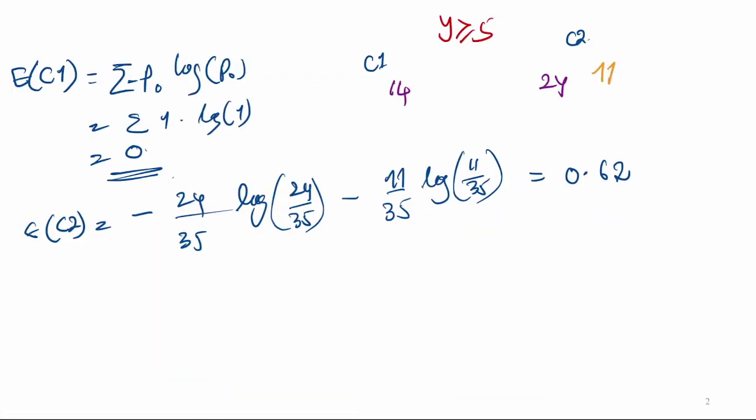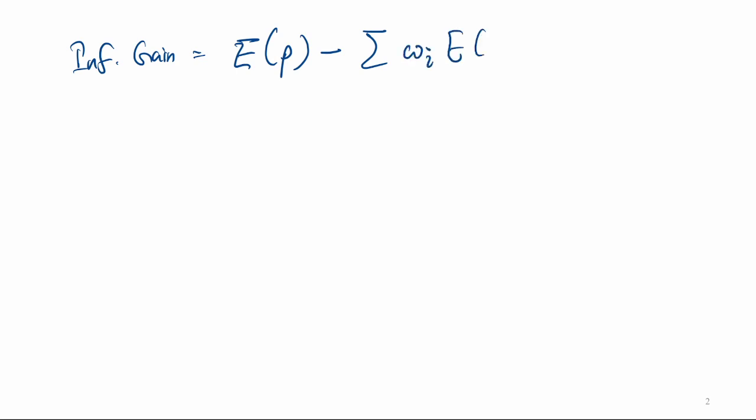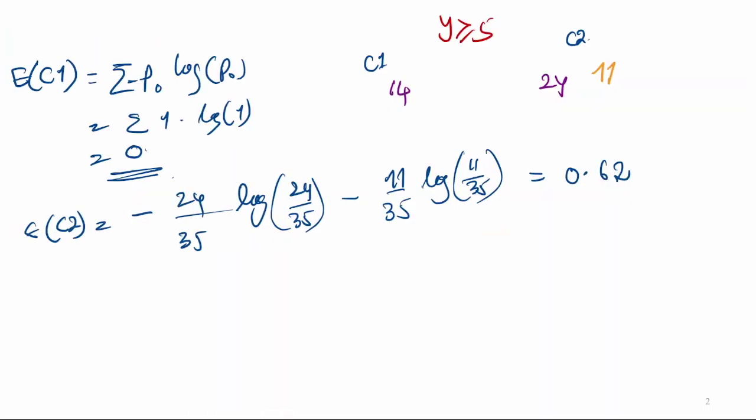Information gain is defined as the entropy of the parent minus the sum of the entropies of the children, but weighted.